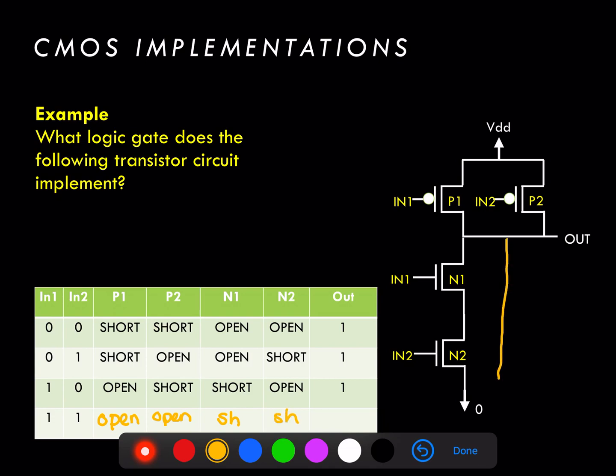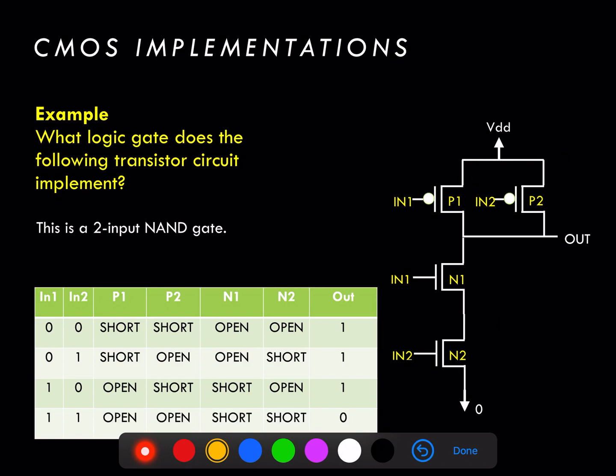When that happens, what we find is a direct short between output and ground, which gives us a 0, and two open circuits allow no connection between the output and VDD, so the output is therefore a 0. And we can see now from the truth table that what we've just implemented here is the familiar two-input NAND gate using 4 transistors, 2 PMOS and 2 NMOS transistors.